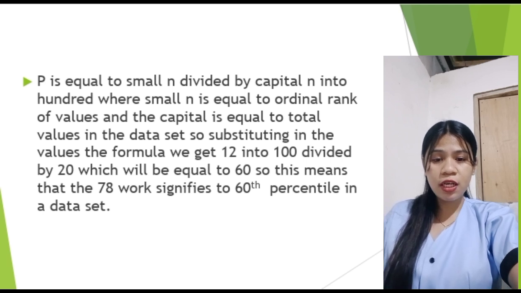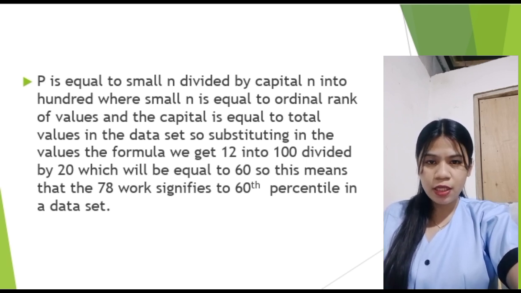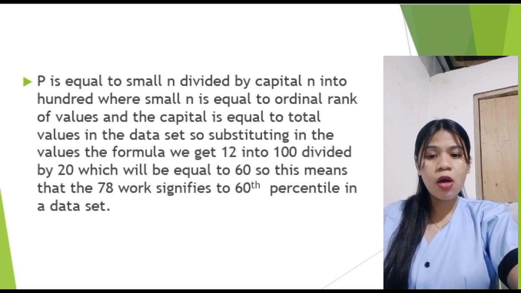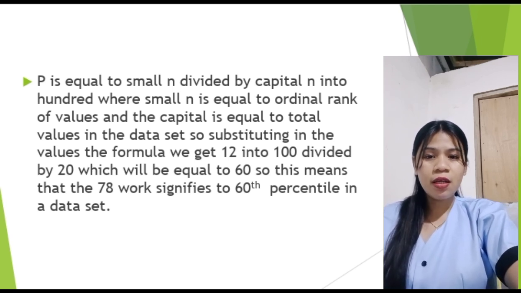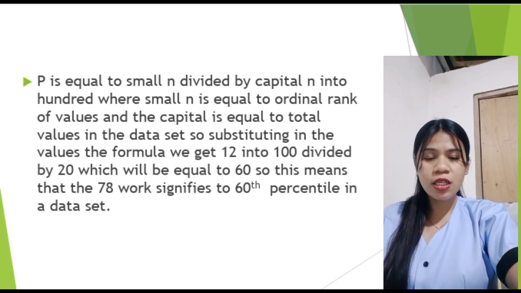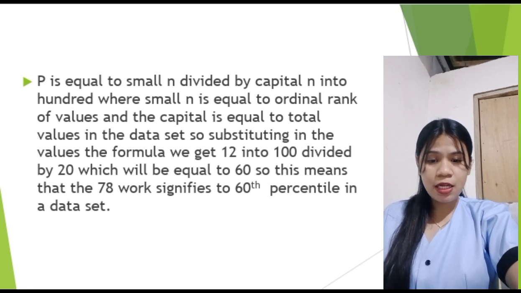Substituting the values in the formula, we get 12 times 100 divided by 20, which equals 60. This means that the 78 marks signifies the 60th percentile in the data set.